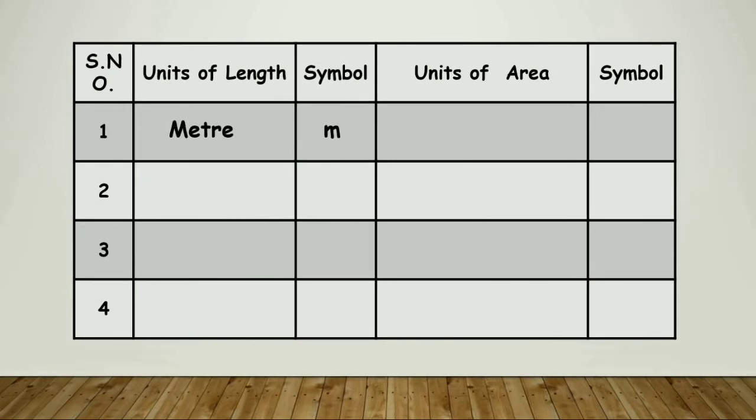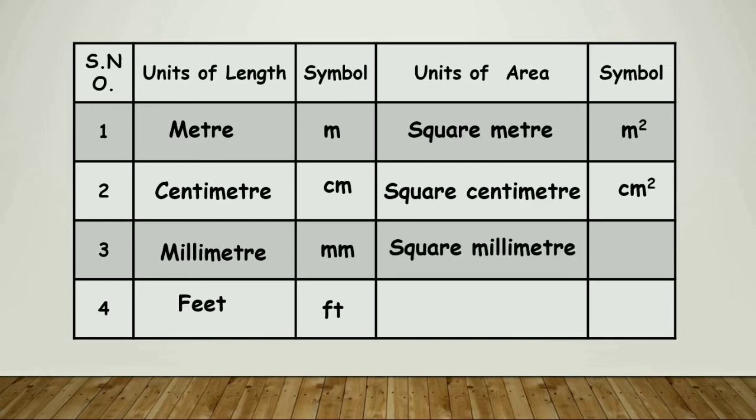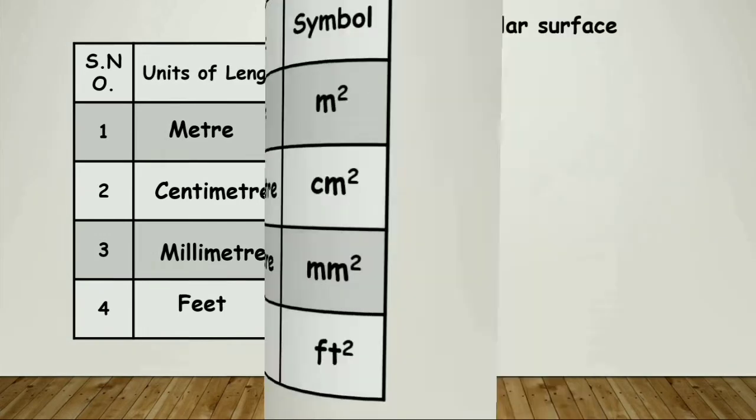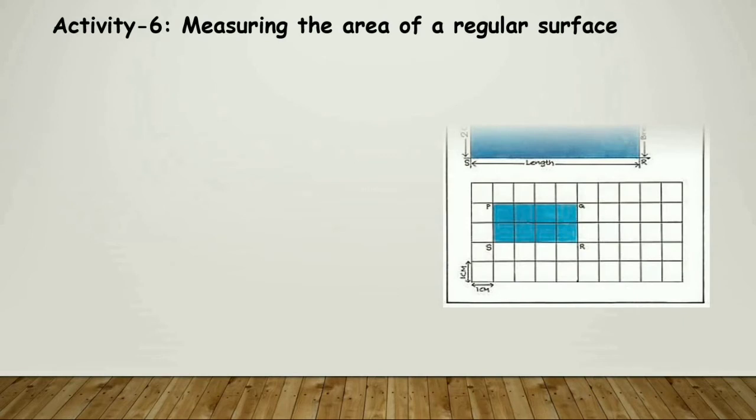And these are the units of length and their symbols, and according to that the areas are also there. If the unit of length is taken in meters, then the unit of area will become square meter. Like that, if you take feet, then it will become square foot.